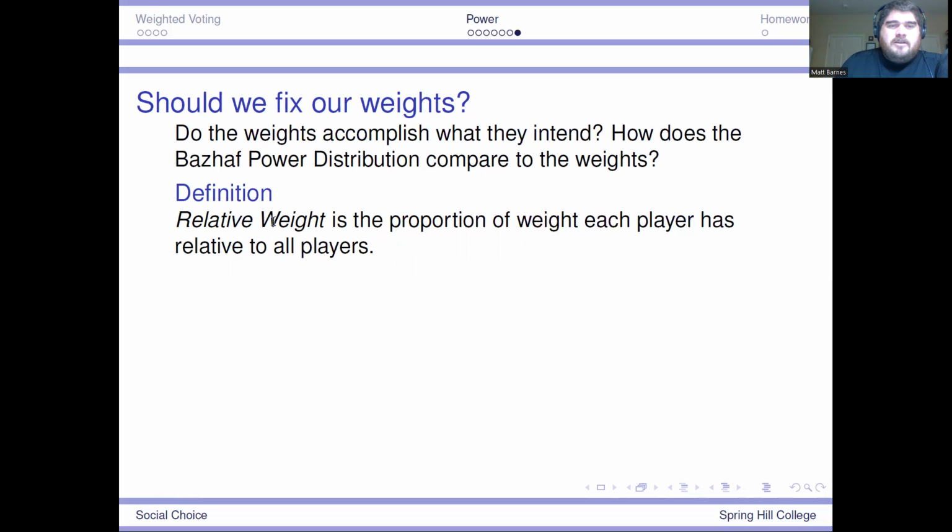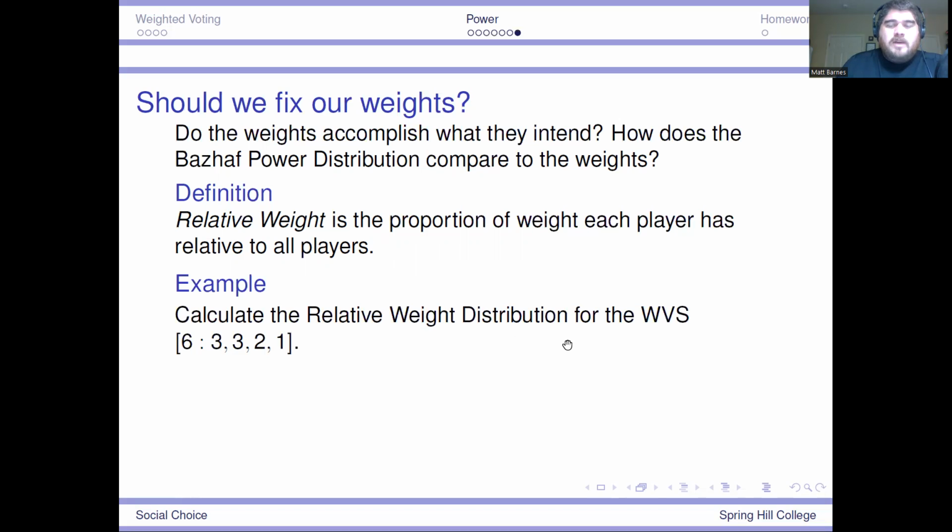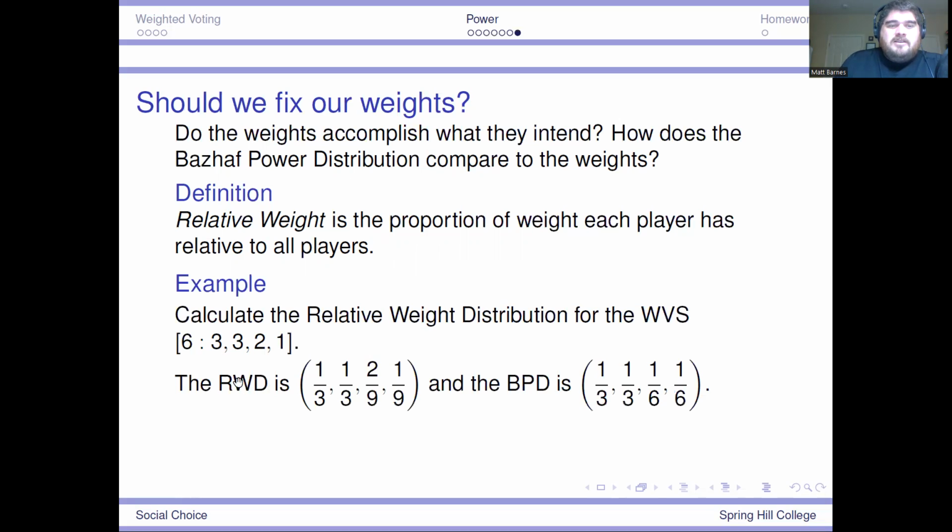All we're going to do is add up the total weights and then put the weight for each player over that. So if I add up the total here, I get 9. So I'd have 3 over 9, or 1/3, 3 over 9, or 1/3, 2 over 9, and 1 over 9.